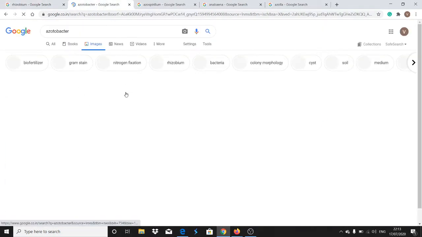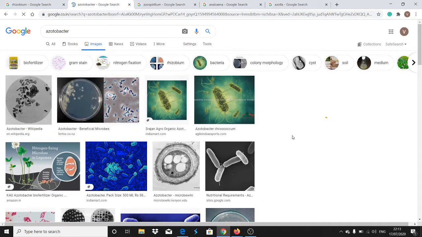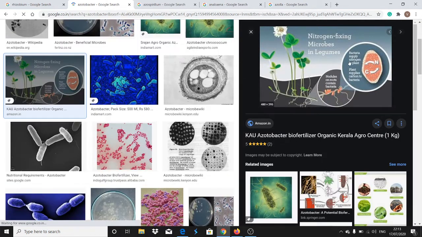In this diagram, you can observe how the Azotobacter look. Yes, these are nitrogen fixing microbes. They are pink in color again, but if you observe this plant, they are not forming any root nodules. They are just present on the surface of the roots, covering the surface area of the roots of the plants.